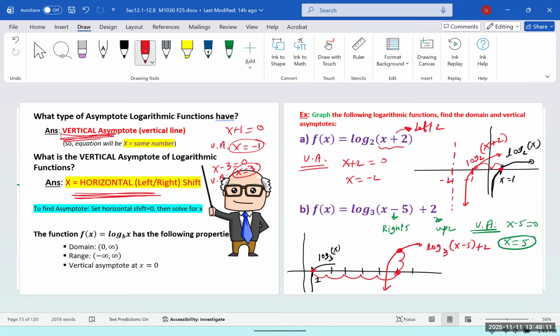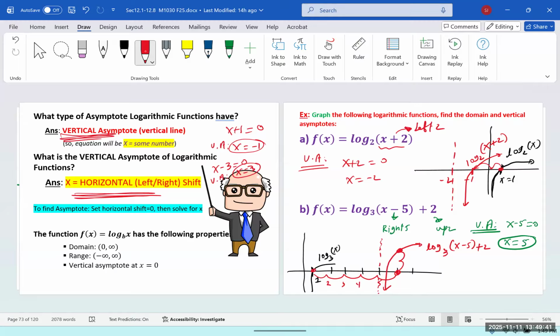What is the vertical asymptote? x equals 5. This is the line that you cannot cross. This is our wall. There's no horizontal asymptote, because it's going up forever. It's just growing slowly, slowly, slowly. But eventually it's going to cross the entire y-axis.